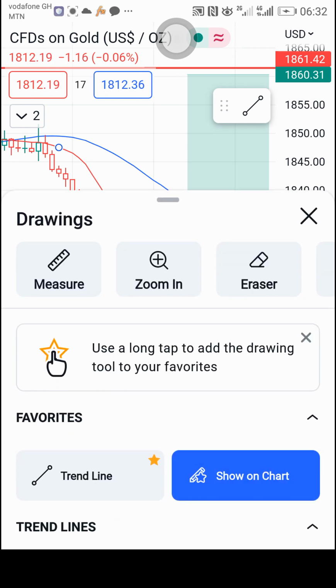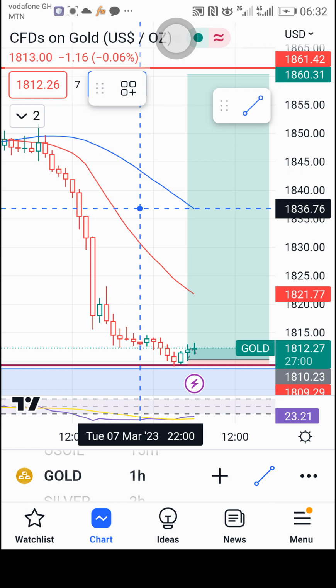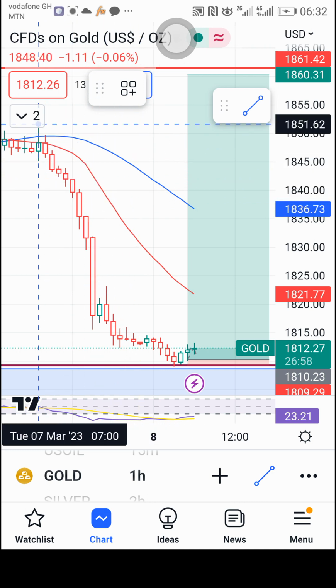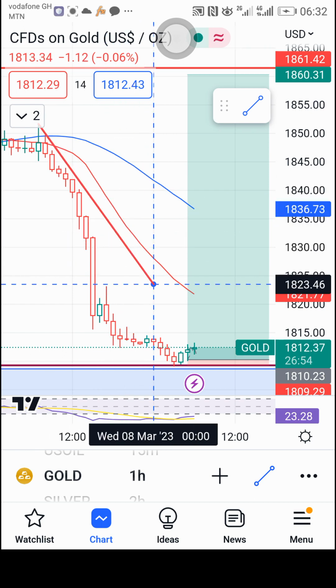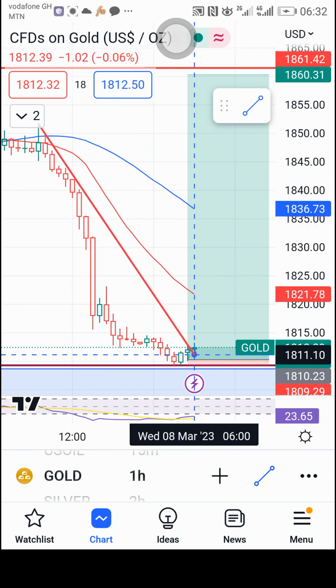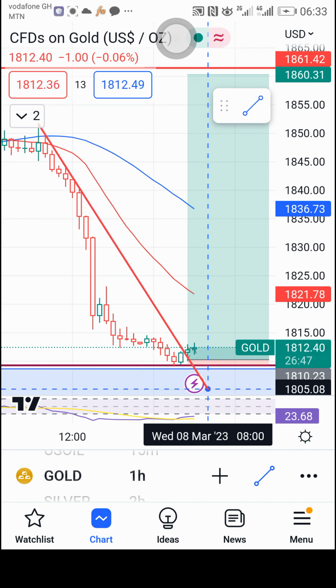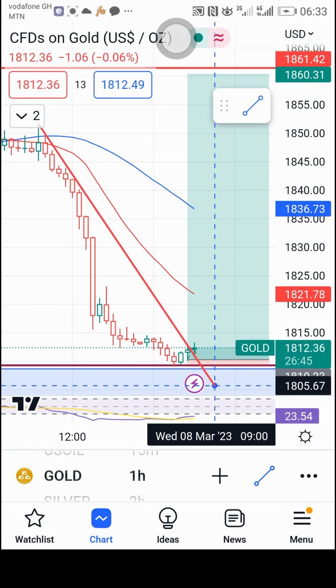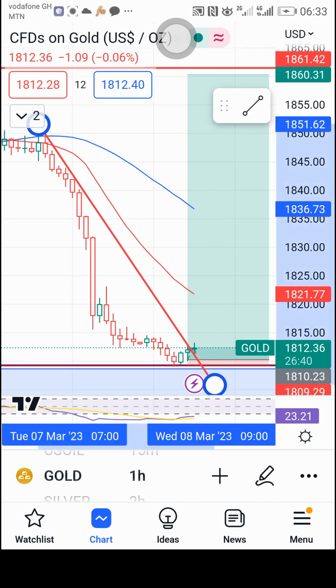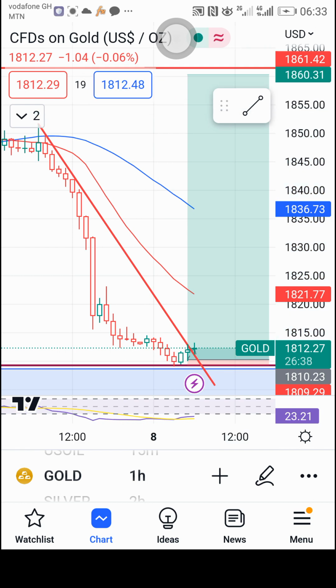I draw a trend line like this. So usually that is what I do.